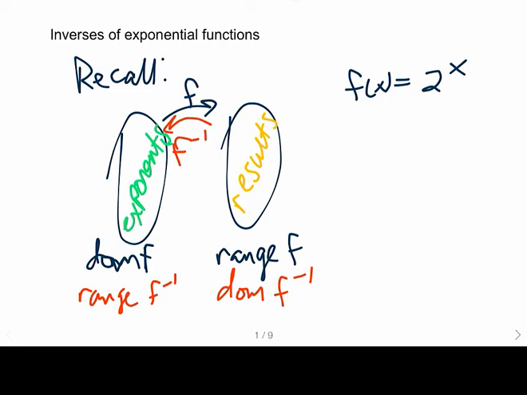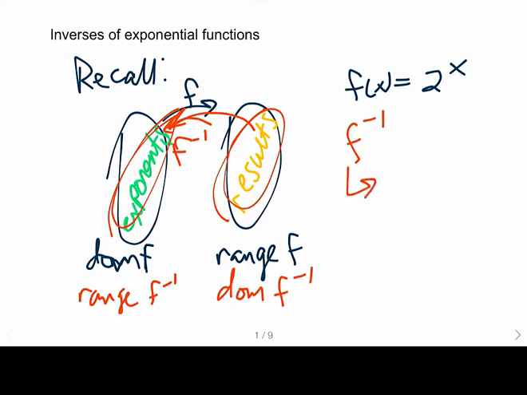Therefore, when we look at f inverse, it's going to take in results and spit out exponents. So when we look at the inverse of an exponential function, what we're really looking at as an output is, what is the exponent?